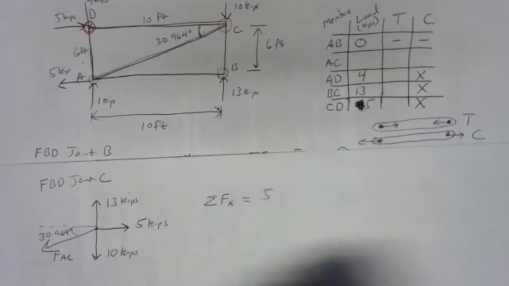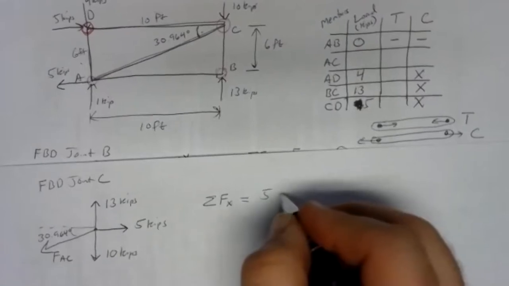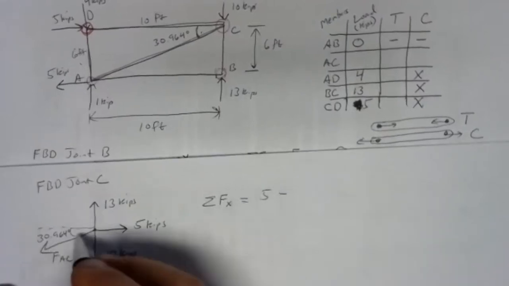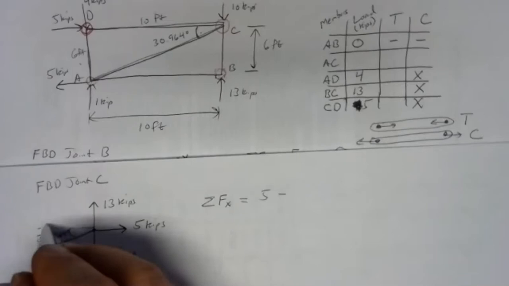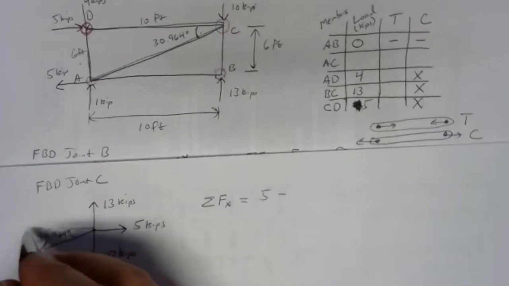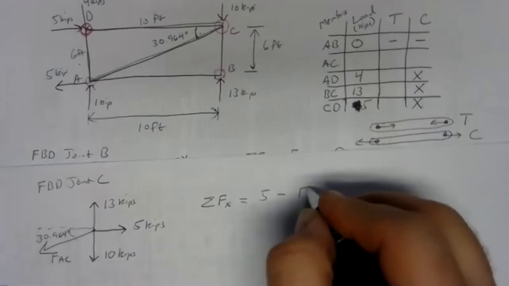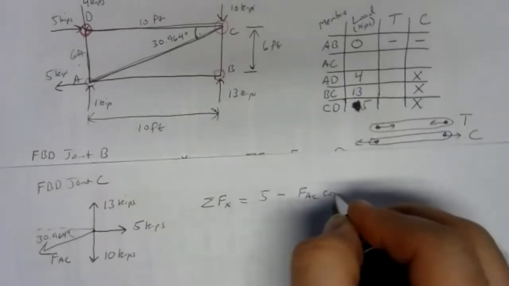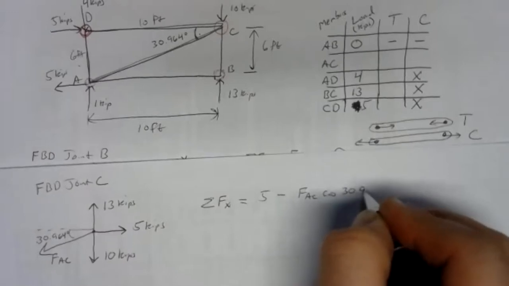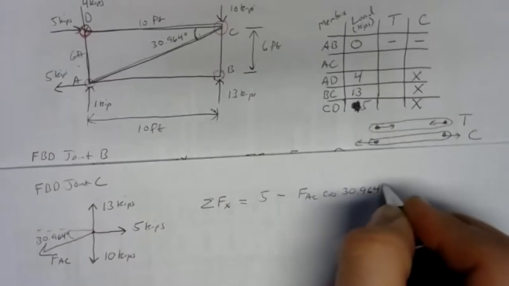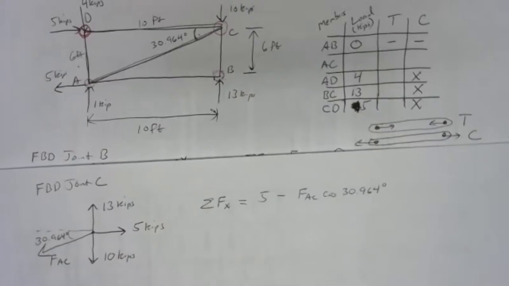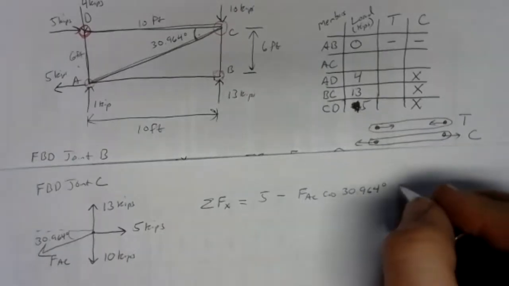We've got 5 kips to the right, and then we've got something to the left. We've got a piece of FAC. We have the adjacent side of FAC. Adjacent goes with cosine. So we have FAC cosine of 30.964 degrees. Well, that equals 0.